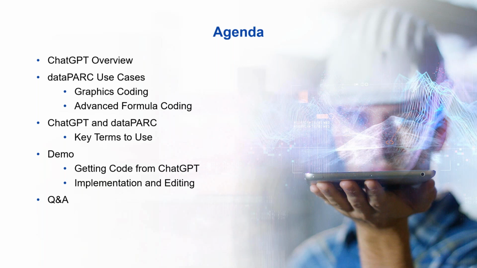There are lots of different ways to use ChatGPT, but this is going to be very specific to DataPark. And then I'll actually show in the demo implementation, putting the code in, editing the code, saving it, and you'll see, hopefully, a running graphic with some ChatGPT assisted code behind. And then we'll end with a Q&A.